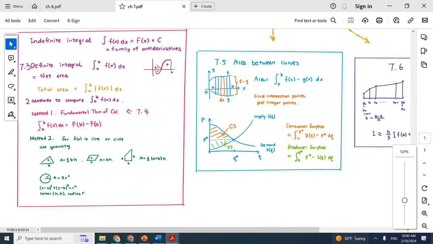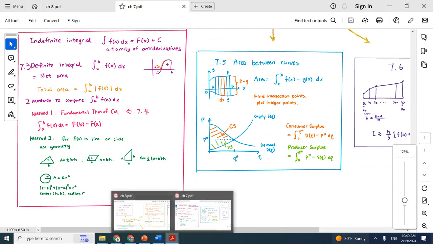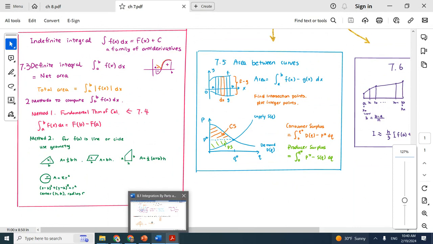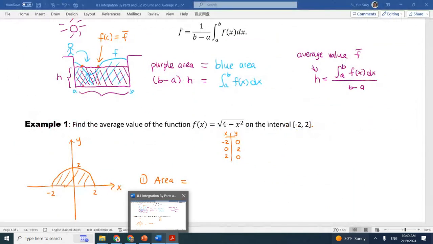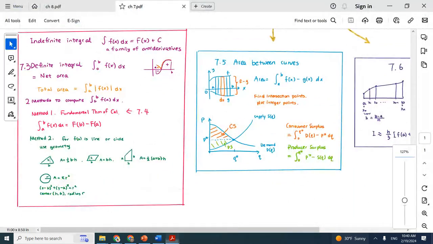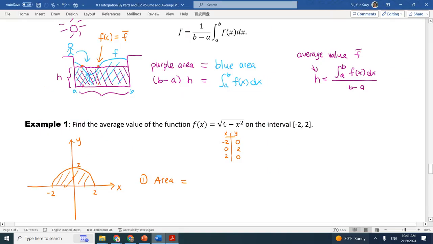And what is a circle? The standard form of a circle is here: x minus h squared plus y minus k squared equals r squared, with the center h comma k and radius r. So in this case, you see y equals the square root of 4 minus x squared.